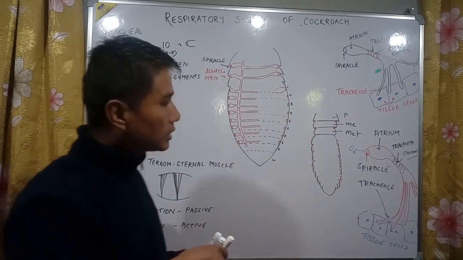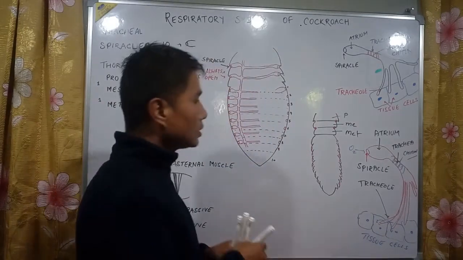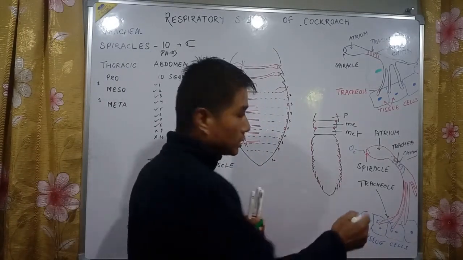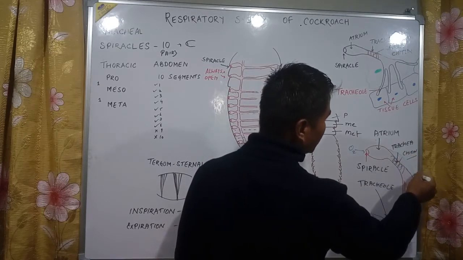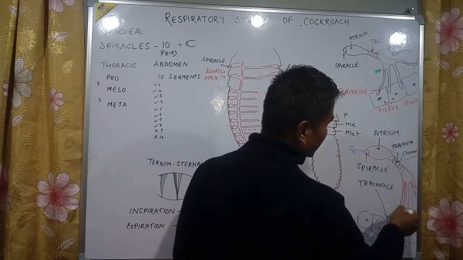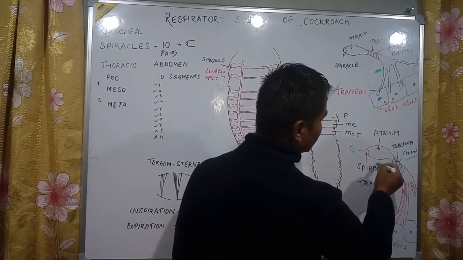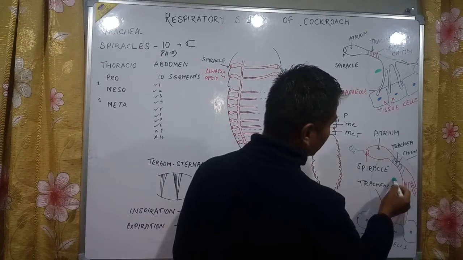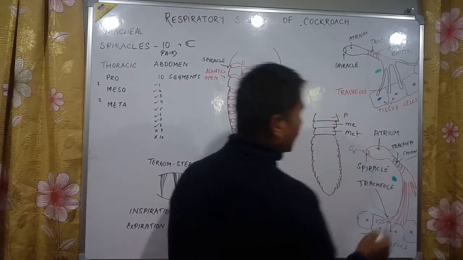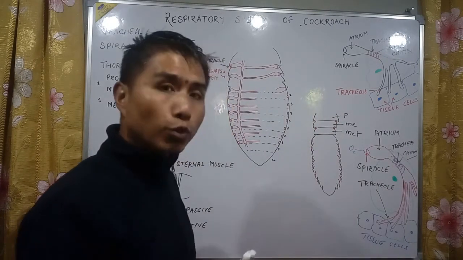One more thing that we need to understand is, below this trachea, there is one big cell, and I have drawn here also. This cell is very big along with the nucleus, and this cell produces some fluid.